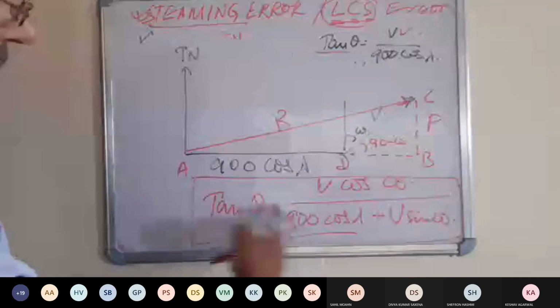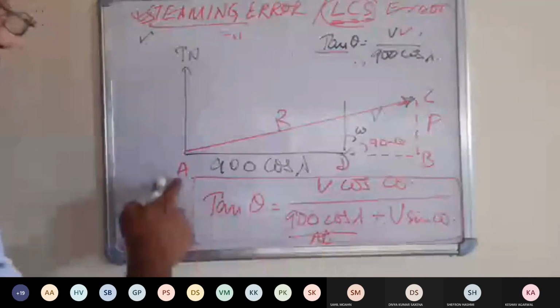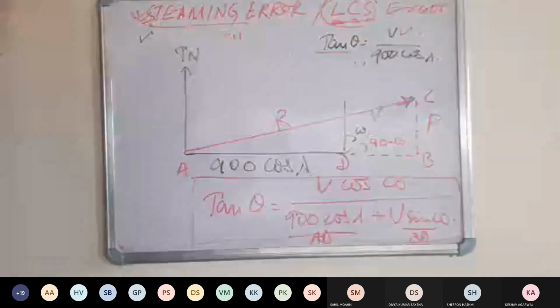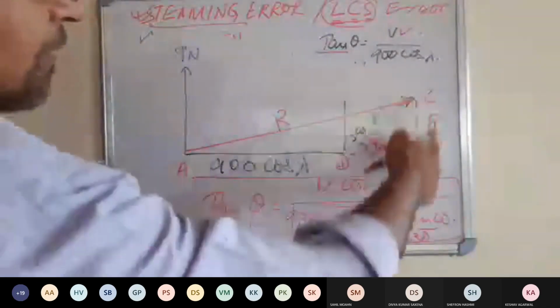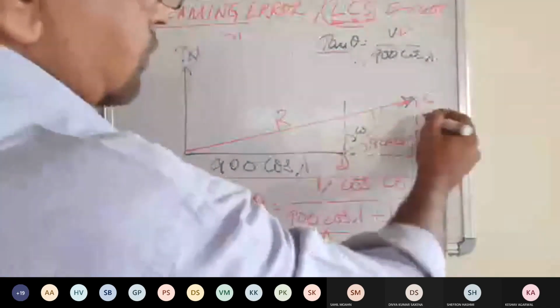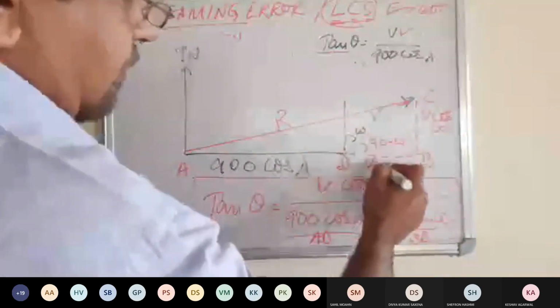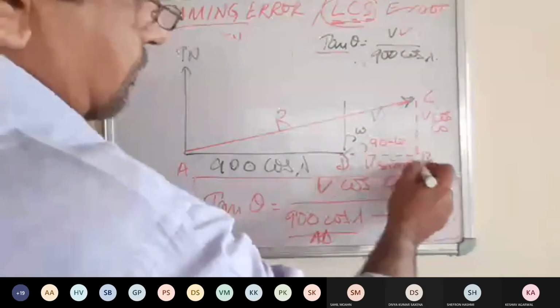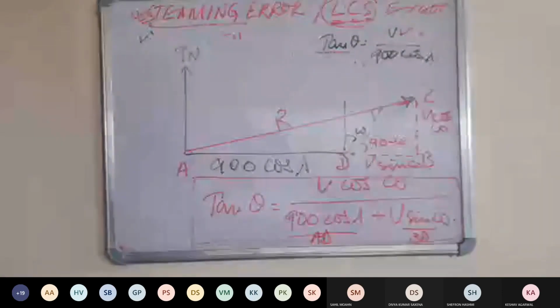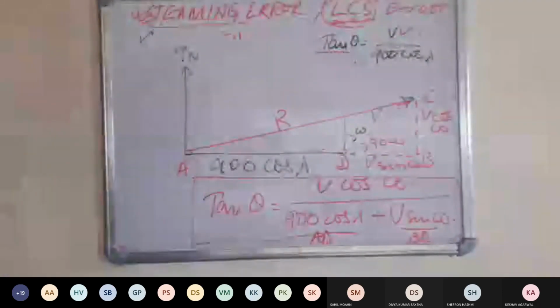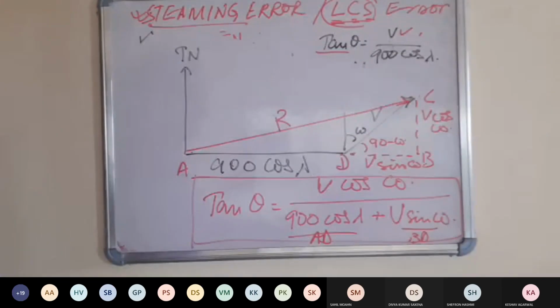So it is AD, this is BD, and this one is V cos cos, and this is V sin cos. Take your time and see if it is matching with your understanding, if you are okay with this.